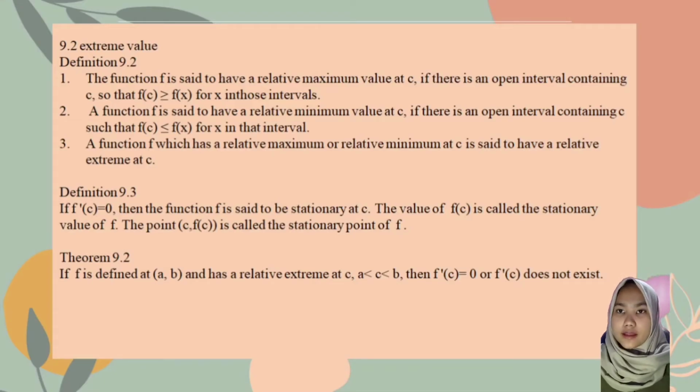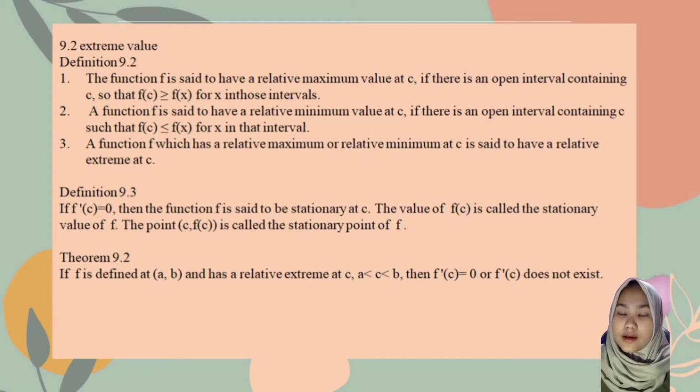Okay, the second is 9.2, extreme values. Definition 9.2. 1. The function f is said to have a relative maximum value at c if there is an open interval containing c, so that f(c) is greater than or equal to f(x) for x in the interval. 2.